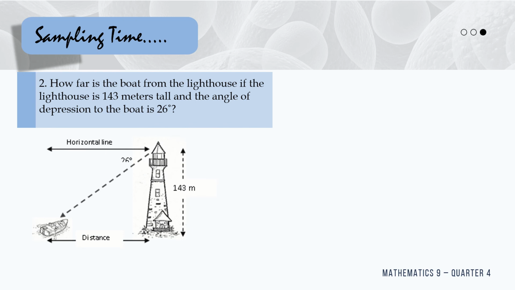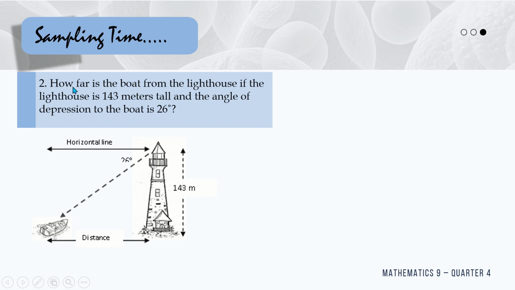To analyze the given problem, we need to draw so that we can understand the problem, especially the given. So the lighthouse, parola in our language, stands about 143 meters tall.